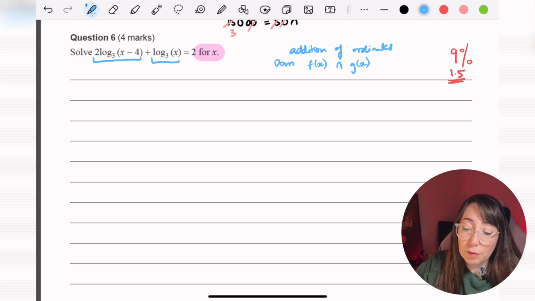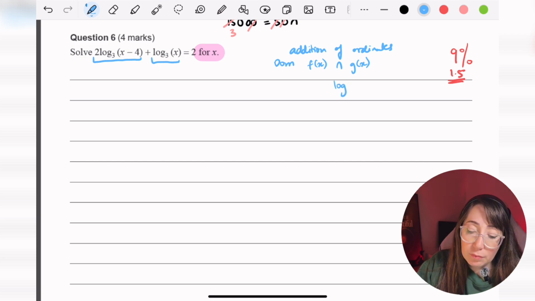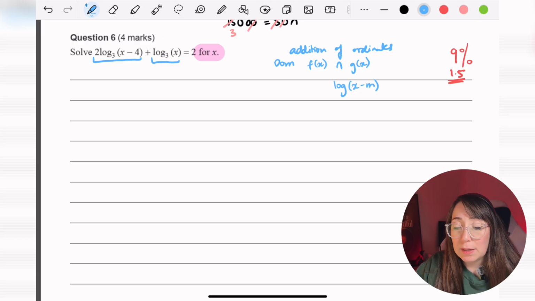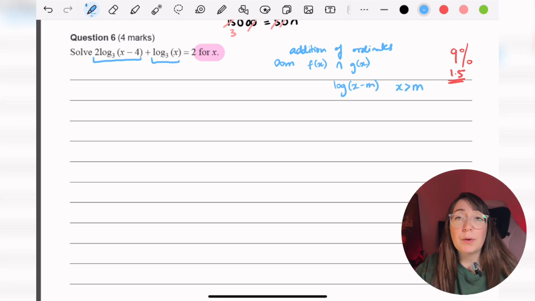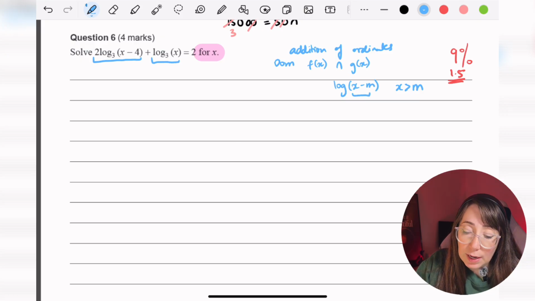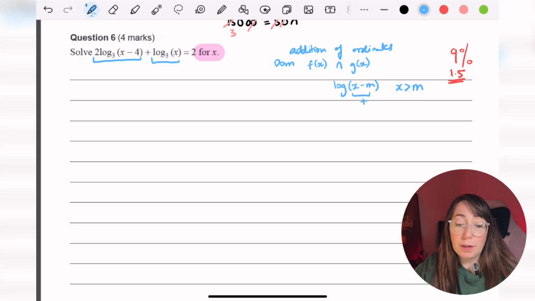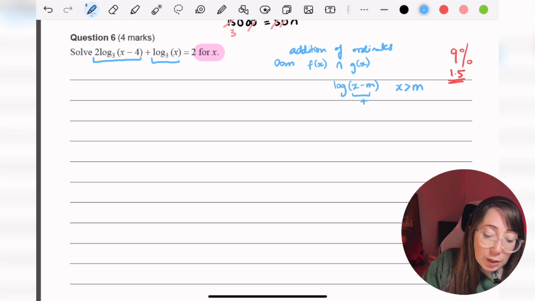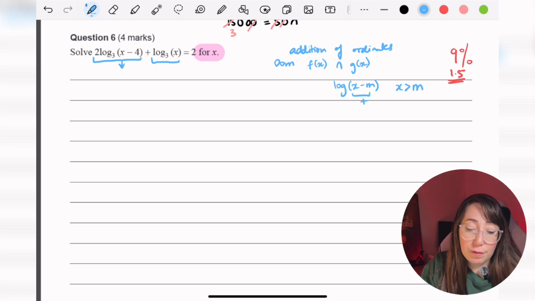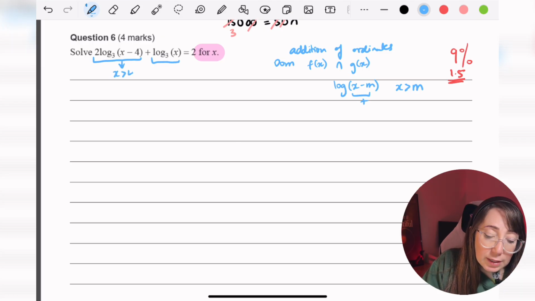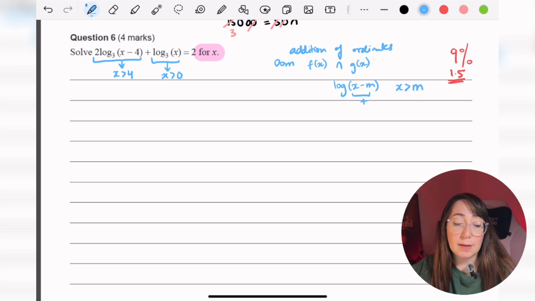Now, what we know is for a log function, so we have log of (x minus m), the domain for this is going to be that x needs to be greater than m, because this inside part always needs to be a positive value. So considering that, what I can see is that for the first function, x needs to be greater than 4. And for the second function, it's x needs to be greater than 0.